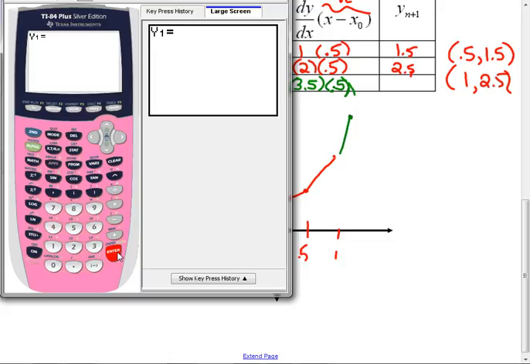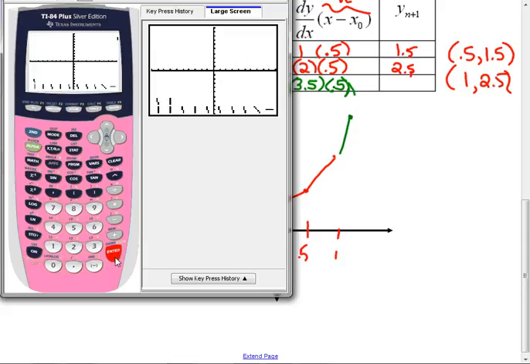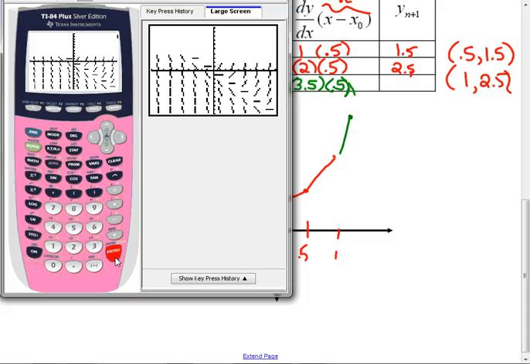Y equals x plus y. That's your starting value. But hang on, let's look at the slope field first and see what we're doing. Alpha y. There we go. And I'm in a standard viewing window. We are going to start at 0, 1.